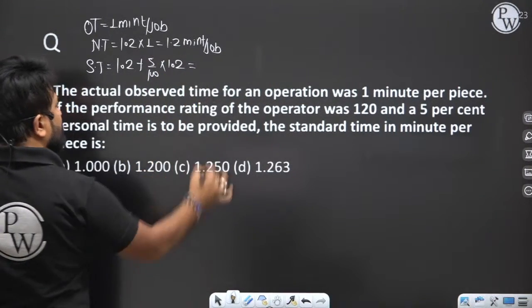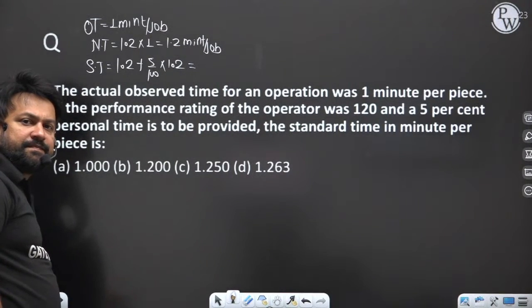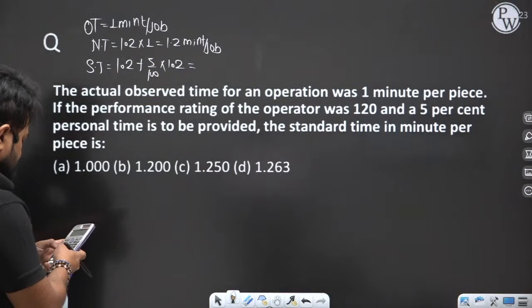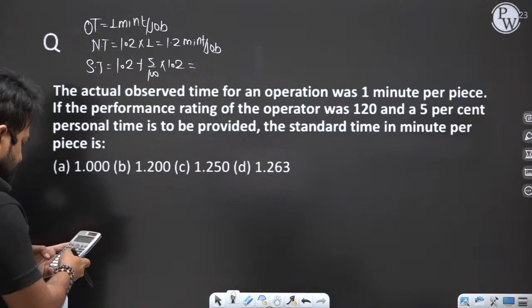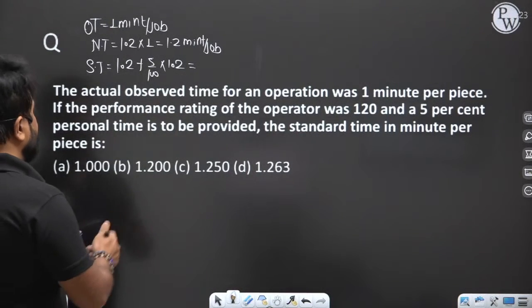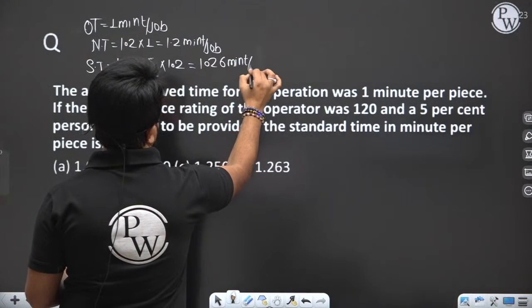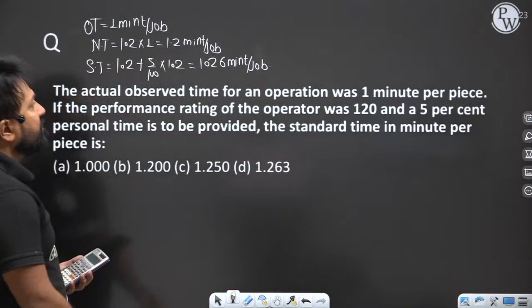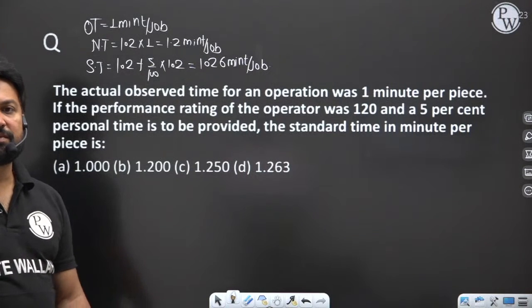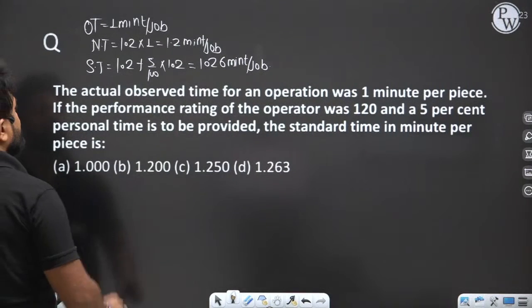What will the answer be, my dear? 5 divided by 100 into 1.2. So 1.26 minutes per job.